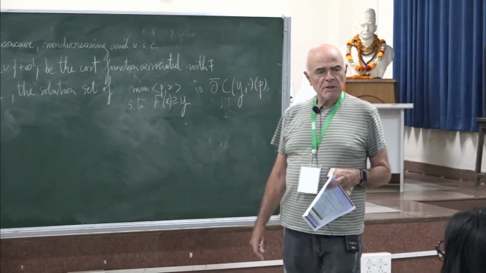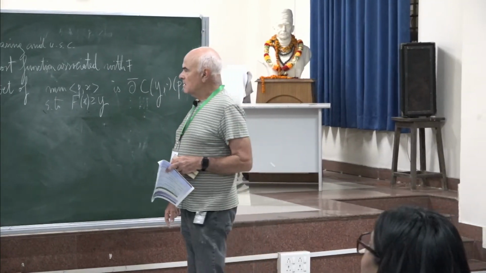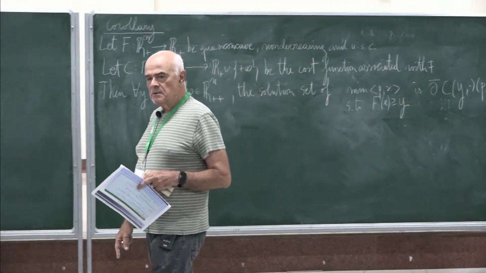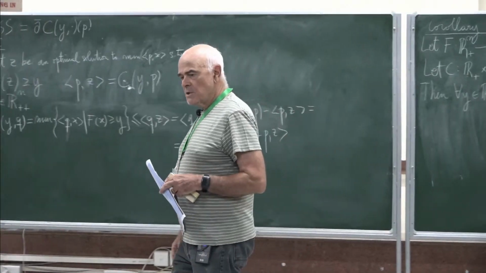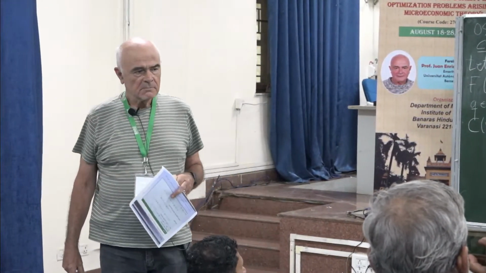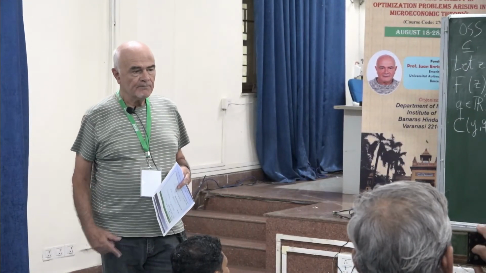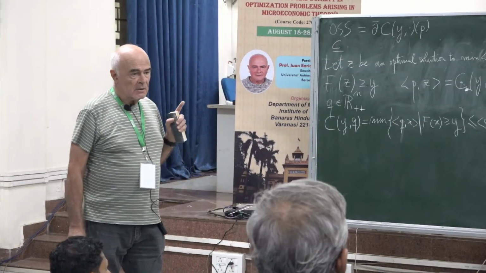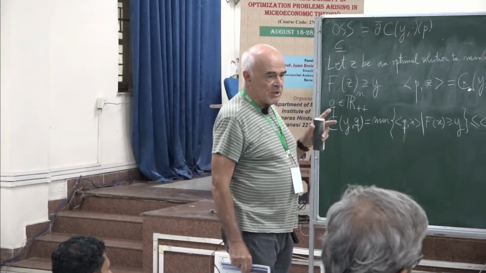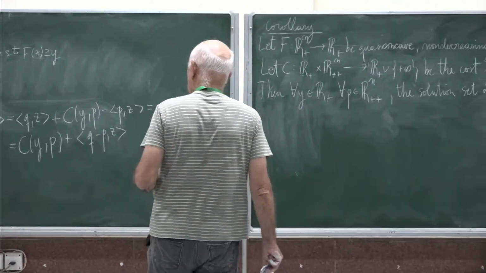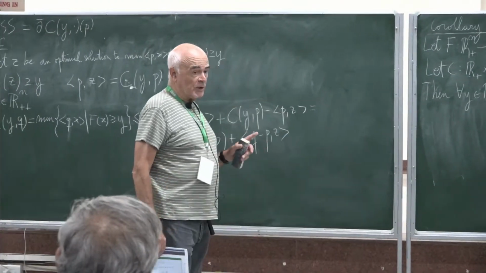Where did I use here that f is quasi-concave, non-decreasing, and upper semi-continuous? Answer, nowhere. I mean, the only assumption I used implicitly was that it is upper semi-continuous, because we decided, but even without it, it would work.